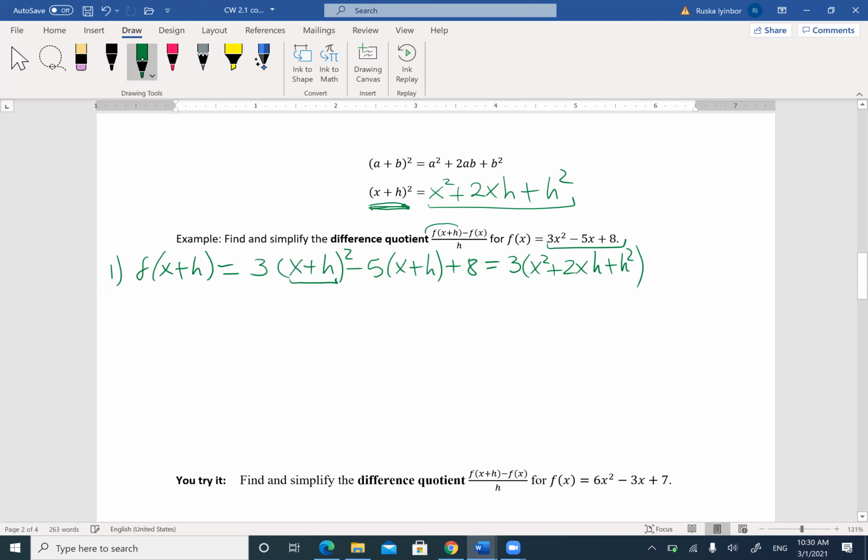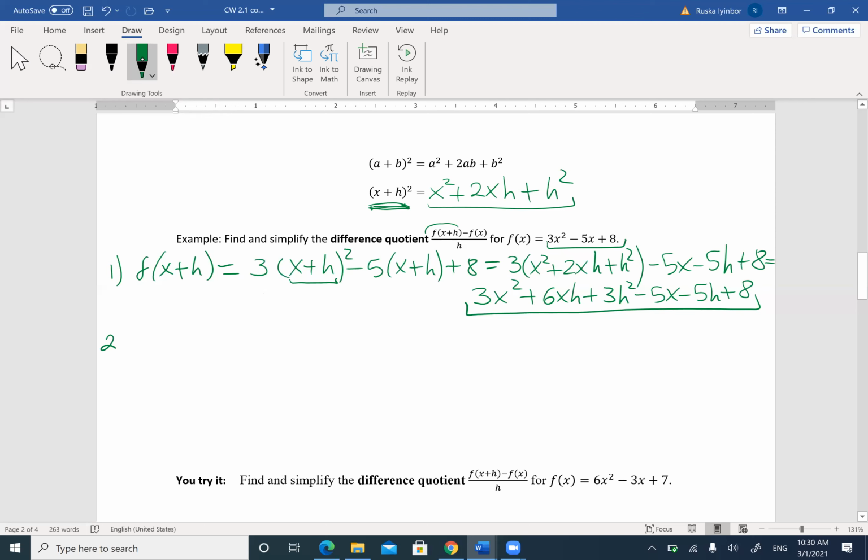And I'm going to distribute the 5: minus 5x minus 5h plus 8. And then I have to distribute the 3 also. So it's going to be 3x squared plus 6xh plus 3h squared minus 5x minus 5h plus 8. So all this is my answer for step 1.